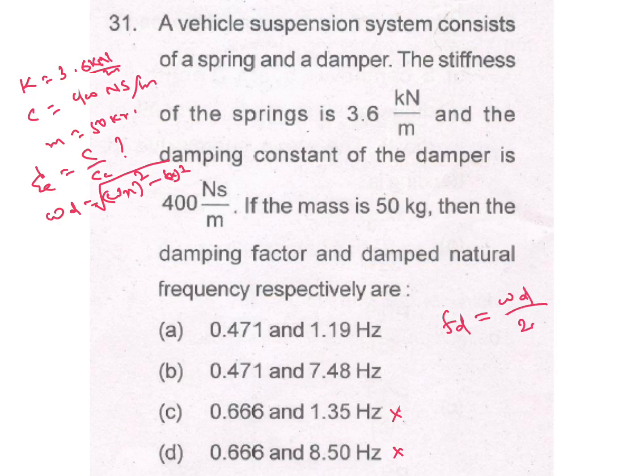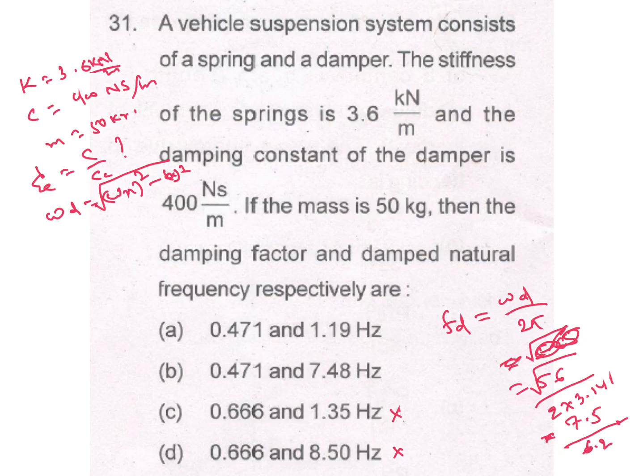It's root 56, which is around 7.5, divided by 2 into 3.14, we will get 1.2 something. So 1 point something will be the answer. From the options, only A. B is not possible because here it is 7.42. So A is our answer.